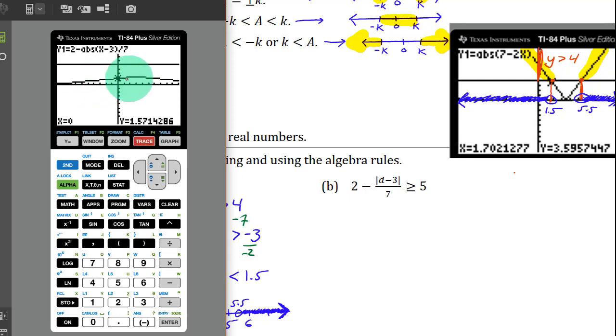Like the y coordinates here, we have a y coordinate of 1.57, a y coordinate of 1.9. It looks like about 1.99 is the maximum. Maybe it's actually y equals 2 if you were to get more precise. No matter what, all these y coordinates are not greater than 5. So from the graph, you can see that this has no solution.